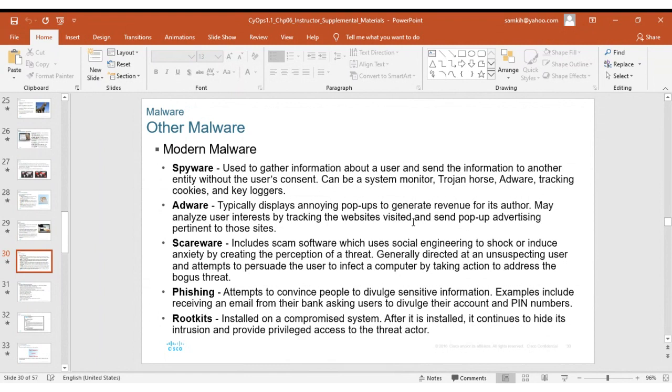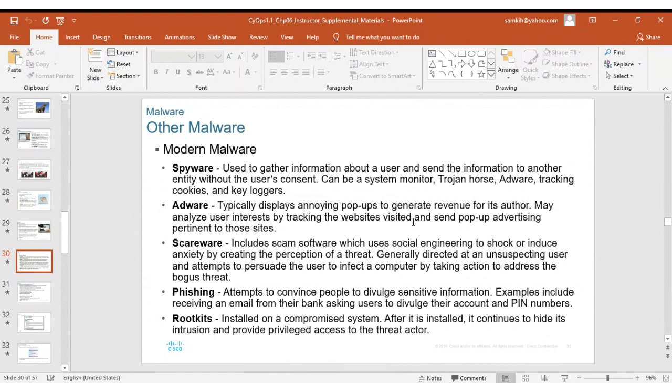They generally direct unsuspecting users and attempt to persuade them to infect a computer by taking action to address the bogus threat. So basically, these are just people scaring you. They try to tell you that you can use this code to hack a particular system, to scare you.